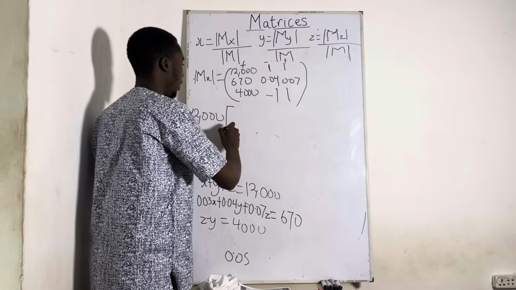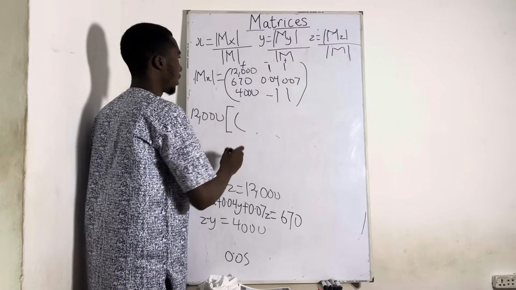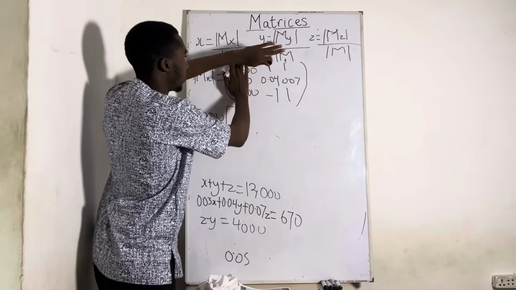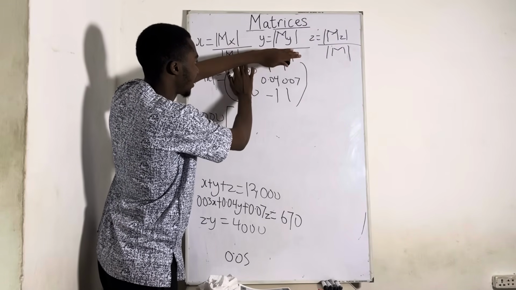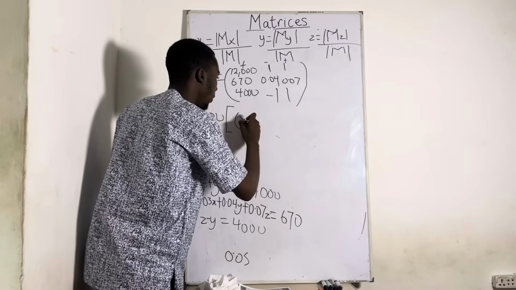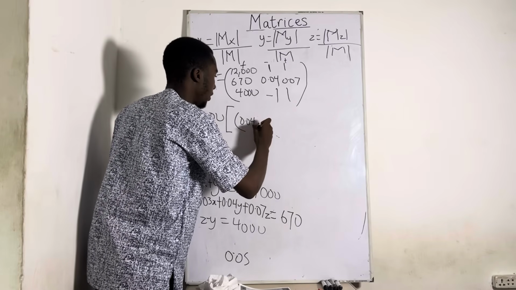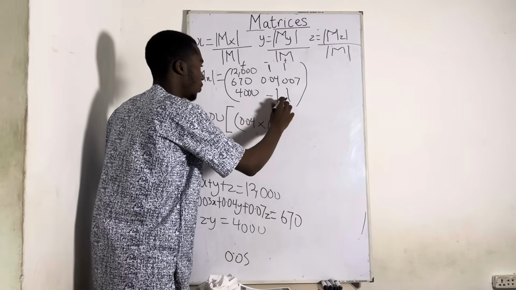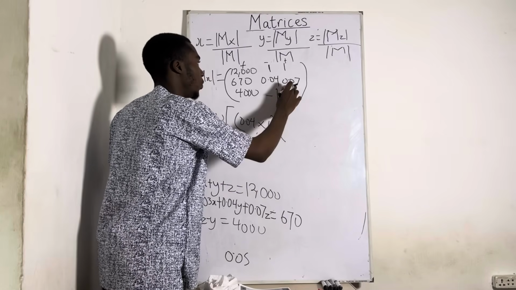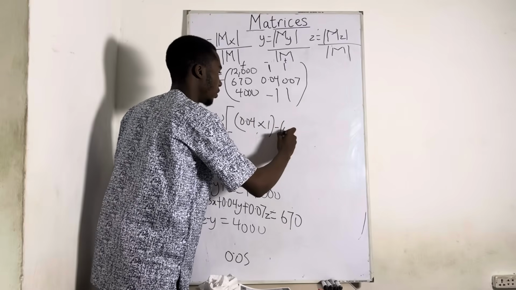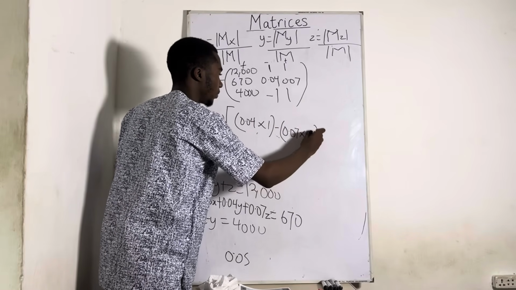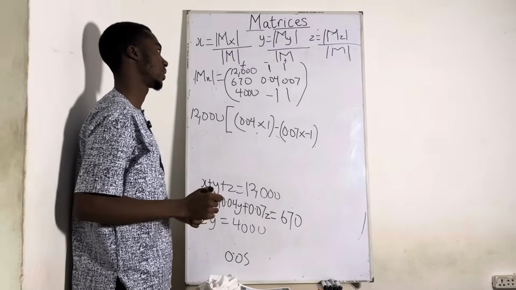Then you open a big bracket, into brackets. So this and this, the row and the column of 12,000, those numbers are not part. So times this, which is 0.04 times 1, then minus into brackets 0.07 times negative 1. Do you get it?